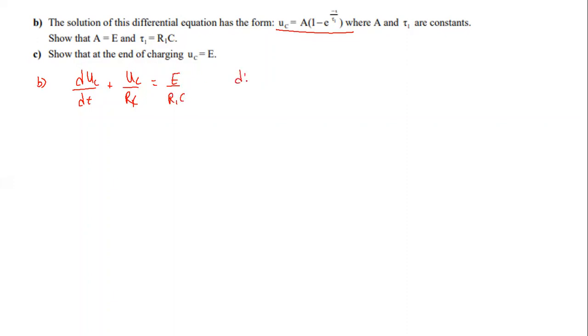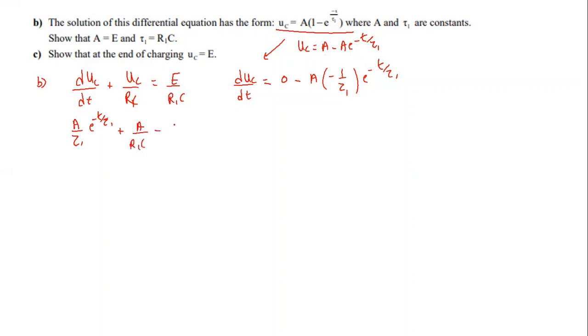By doing the derivative dUC over dt, the derivative of A is 0 minus A times minus 1 over tau 1 e to the minus t over tau 1. Then we substitute: dUC by dt is A over tau 1 e to the minus t over tau 1, plus UC with all of this. So we get A over R1C minus A over R1C e to the minus t over tau 1, and then we bring this one here, minus E over R1C equals 0.